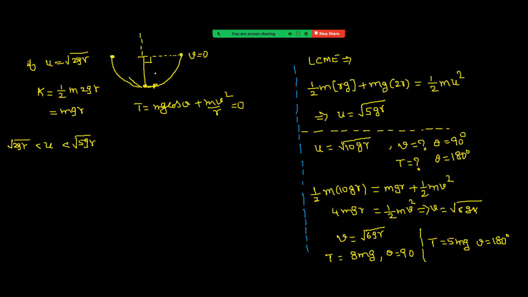So in the earlier case, motion is confined to only third and fourth quadrants. If velocity is greater than root 2gr but less than root 5gr, it enters into first quadrant but is not able to complete circular motion. The reason is that before string becomes vertical, tension becomes zero. Means string slacks. String slacks means tension is zero. Once tension is zero, circular motion is not possible.